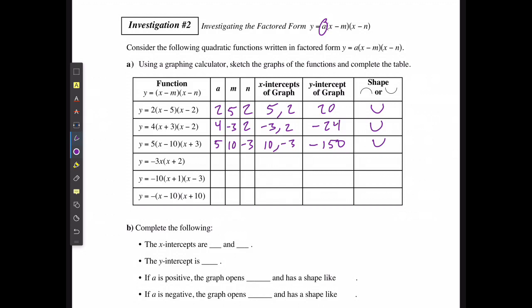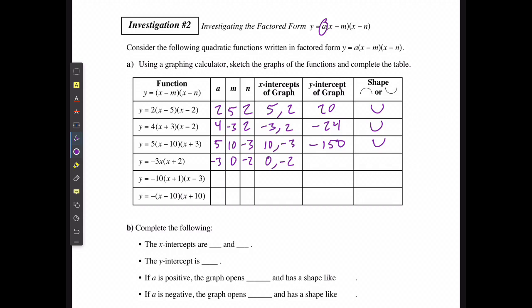For the next example, the a value is negative 3, the m value is 0 because we're missing this second bracket, and the n value is going to be negative 2. The x-intercepts are at 0 and negative 2.